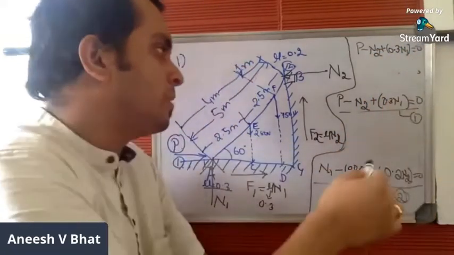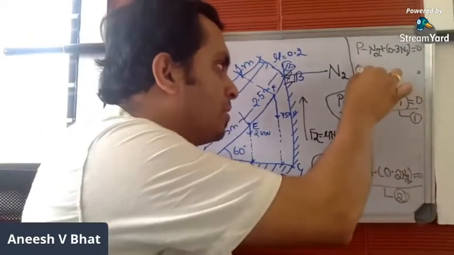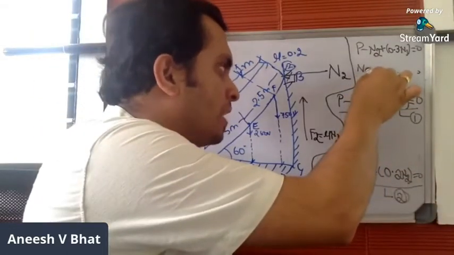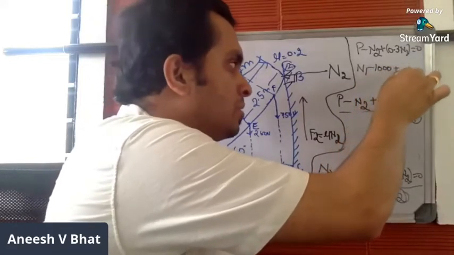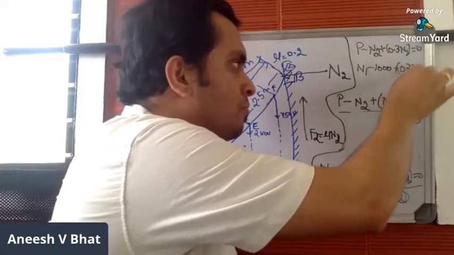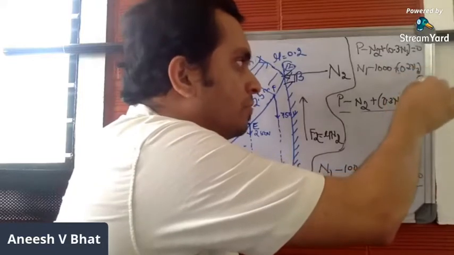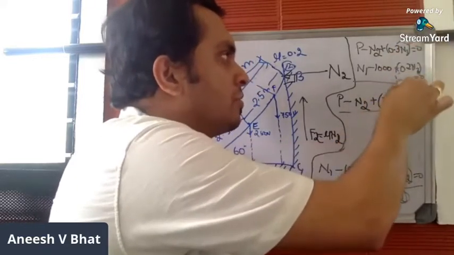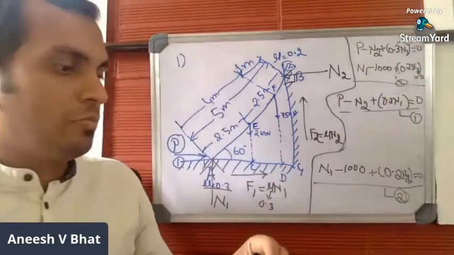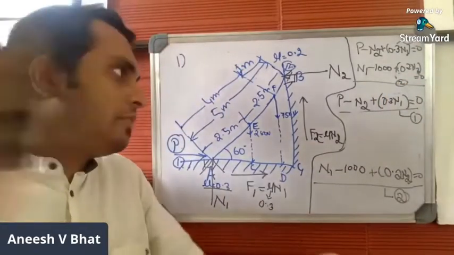This is equation number 1, and equation number 2 is N1 minus 1000 plus 0.2 N2 is equal to 0. These are the two equations available.